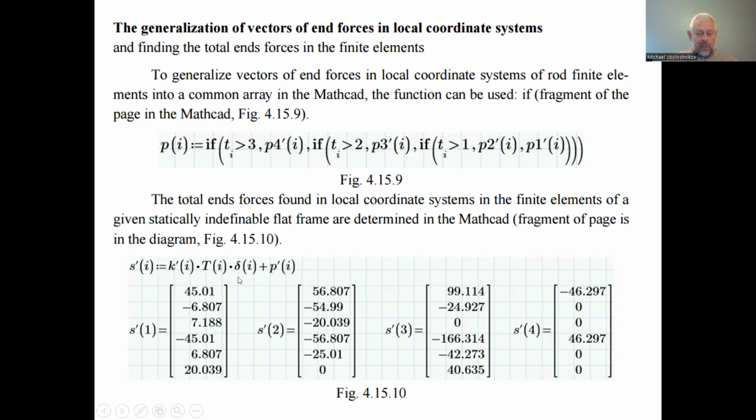Instead of the displacement of nodes, we got the vectors of the displacement of the ends.